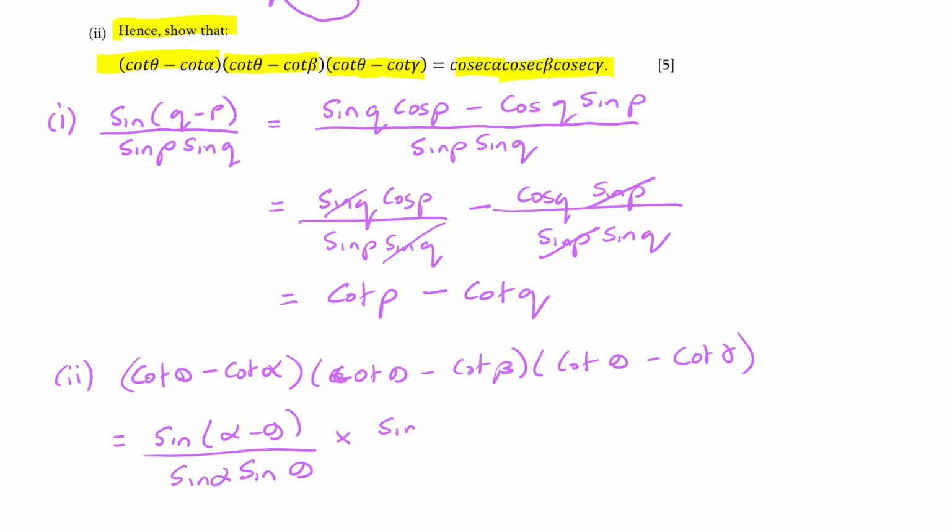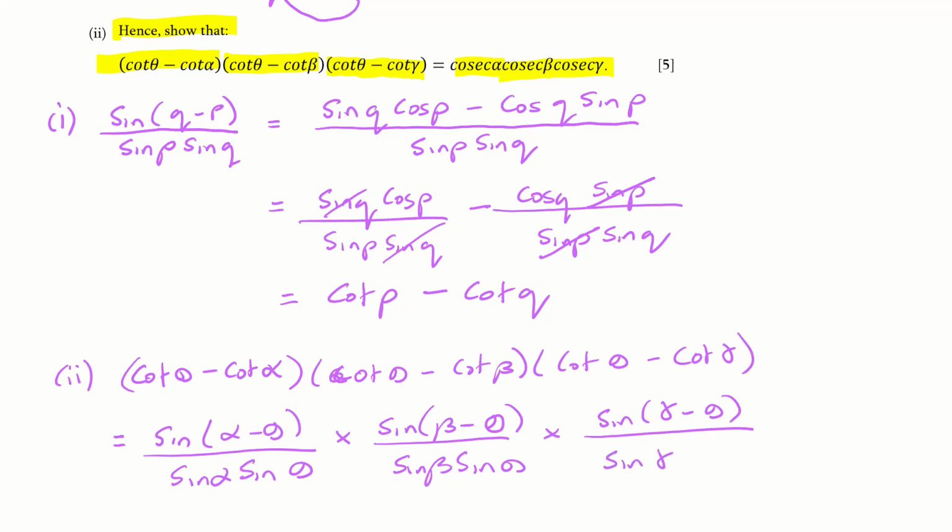Then we'll have sine beta minus theta over sine beta sine theta. And then we'll have sine gamma minus theta over sine gamma sine theta.